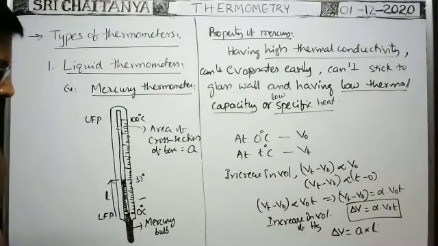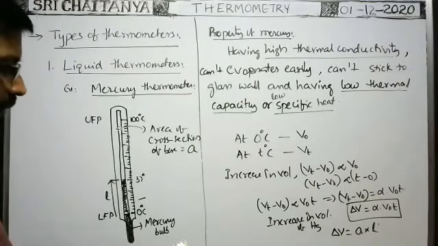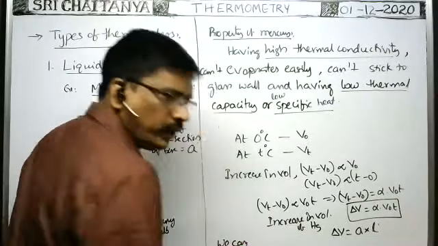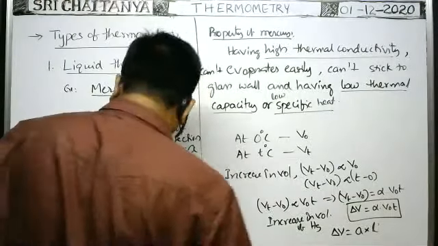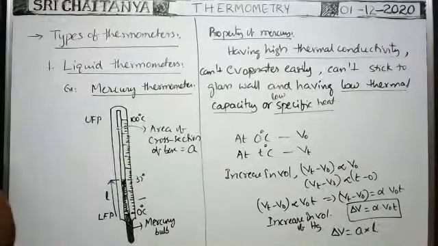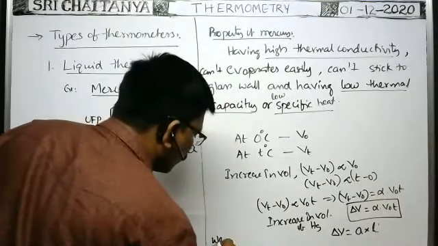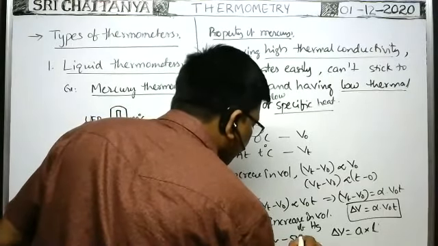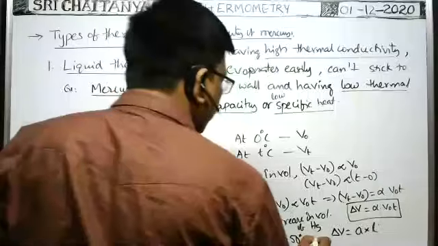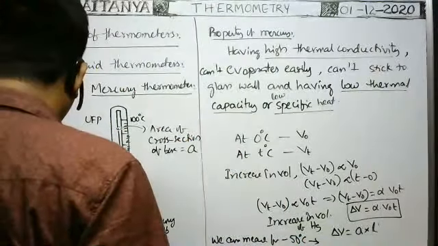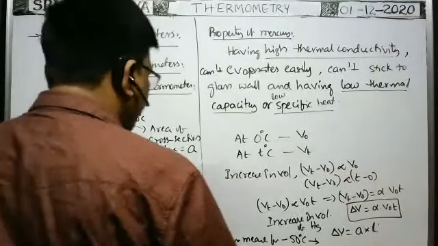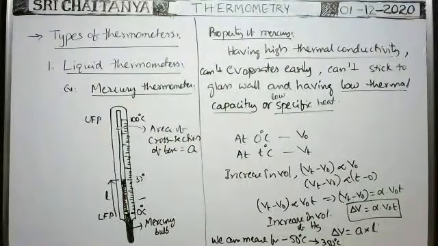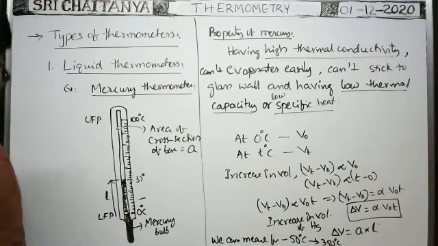So minus 50 degrees centigrade to 350 degrees centigrade, we can measure with the help of the mercury thermometer.